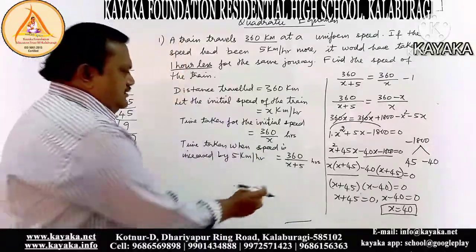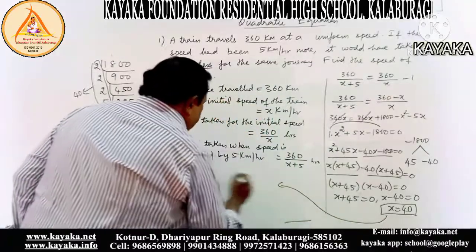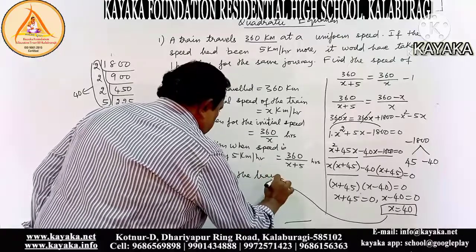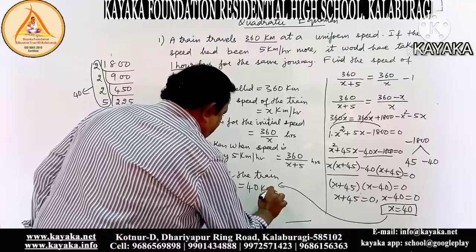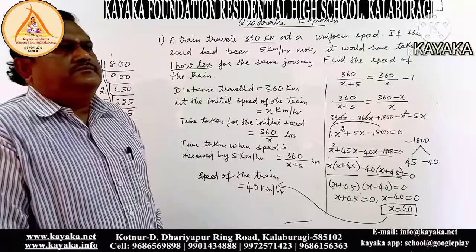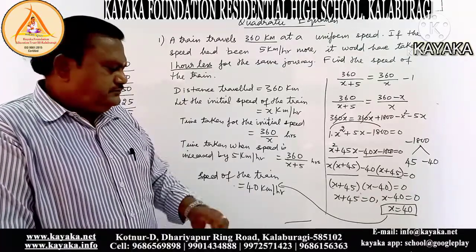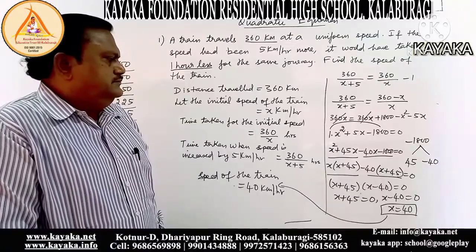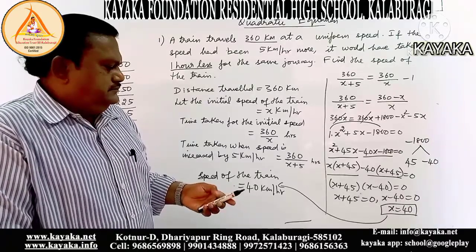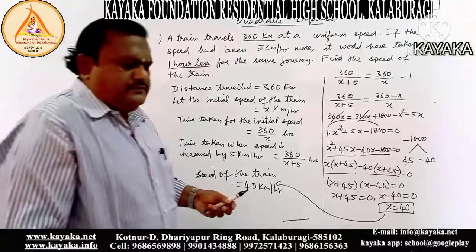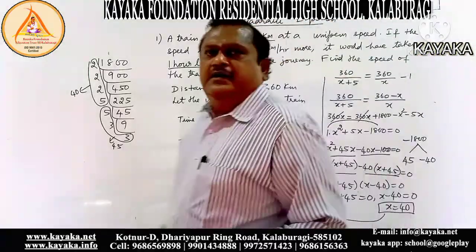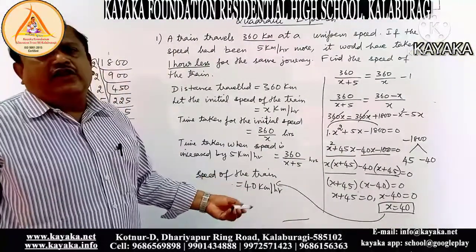Okay, dear children. Last line I write it here. After this, speed of the train will be equal to... Therefore, dear children, therefore the speed of the train will be equal to 40 km per hour.